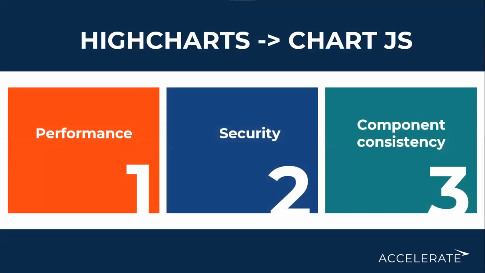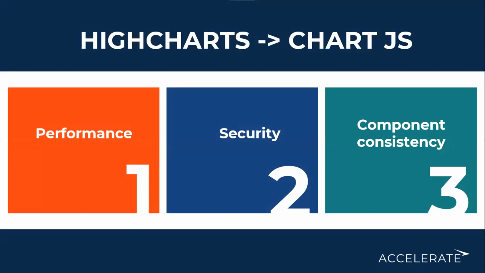Now, from an analytics perspective, we also changed technology to chart.js. Why did we do that? Number one was performance. The performance of creating these charts and making them show up as rapidly as possible is much enhanced in the newer technology. The second is security. There used to be a denial of service issue with the prior technology.